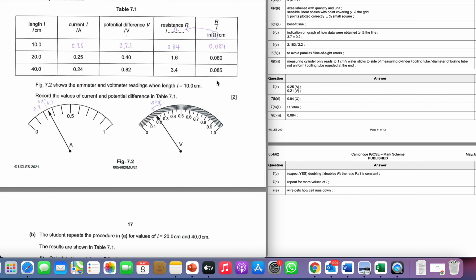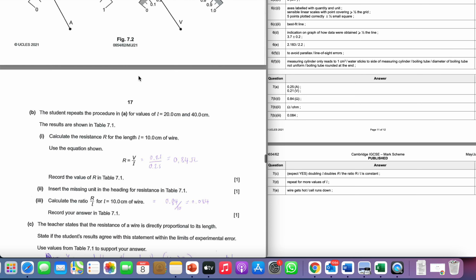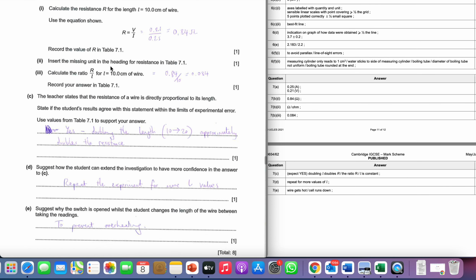In the other column, just in case you've forgotten the unit of resistance, we've got R divided by L. So the units of R divided by L are units of R, ohms, divided by centimeters, units of length. If you've really forgotten, that unit there is exactly the same. A nice little freebie there. We're asked to insert that missing unit, so tick that off, and we're asked to calculate R over L.